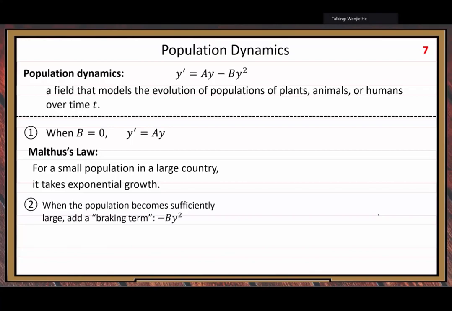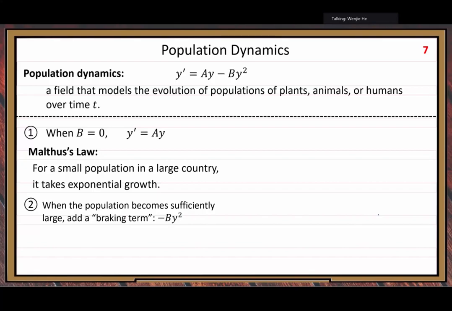So when the population becomes sufficiently large, there must be a braking term. This is the braking term, minus b y squared. The larger the y, the larger the braking term, because of y squared. The negative term grows much faster than the positive term.